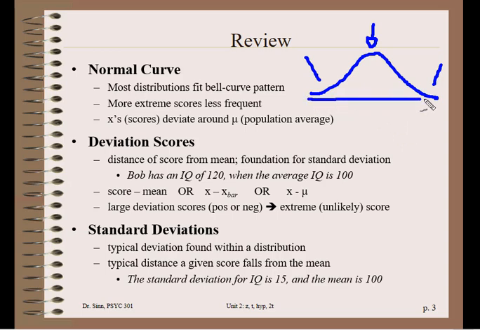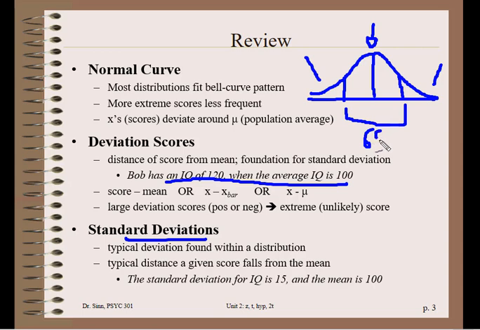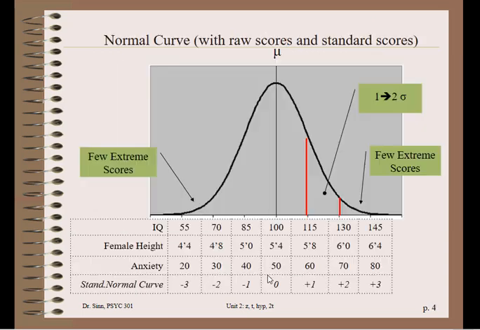We can also build on this concept of a deviation score, where deviation scores are how far a given score falls from the mean. And then we get down to standard deviations, and we know that those have certain properties where a certain percent of scores fall in a certain spot. So like 68% of the scores are going to fall between -1 standard deviation and +1 standard deviation. So the concept of z-scores is going to build on all of these different things.